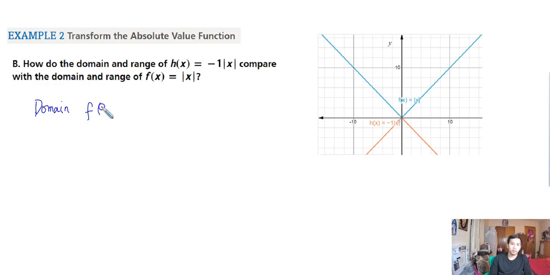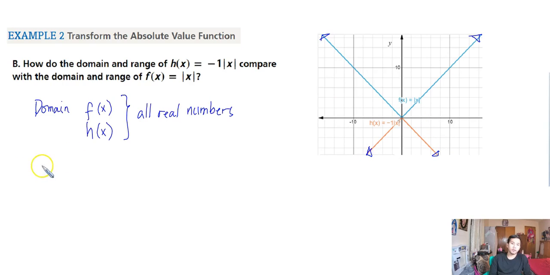So the domain of f of x and the domain of h of x are still all real numbers. Why? Because as you can see here, your line is extending from the origin to the right and from the origin to the left.